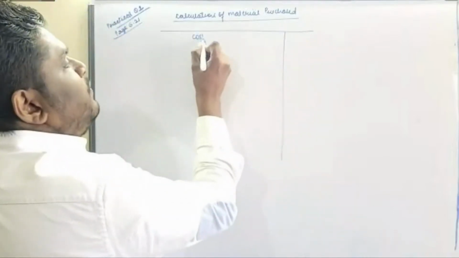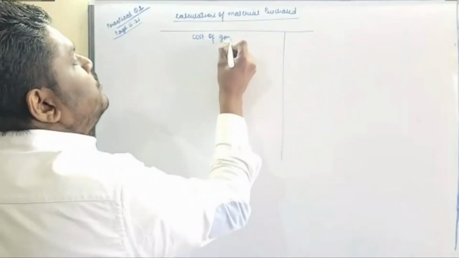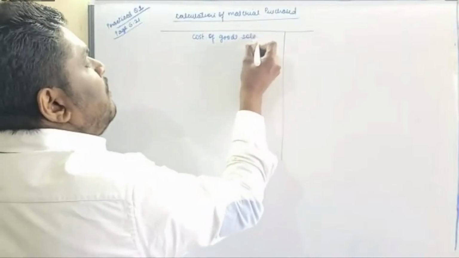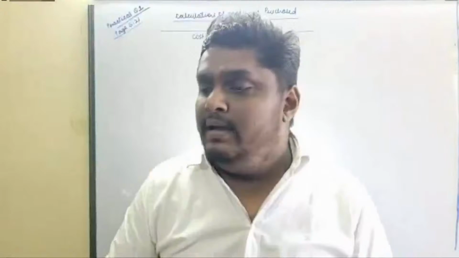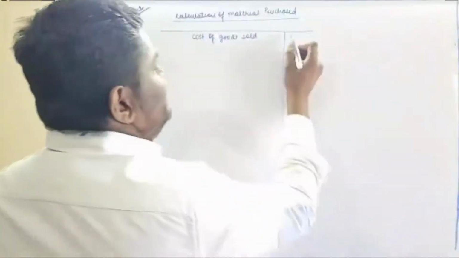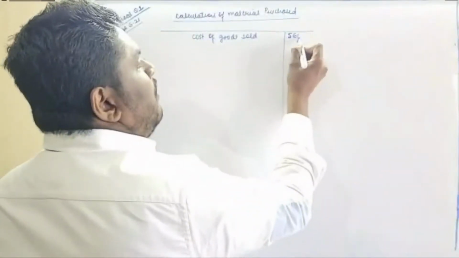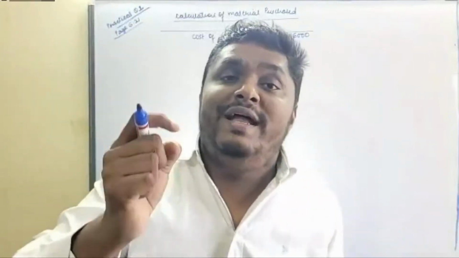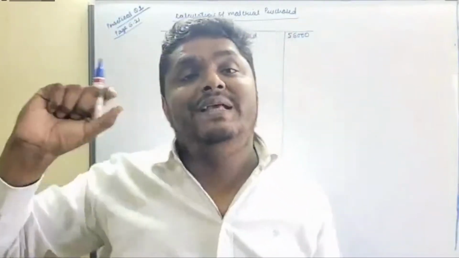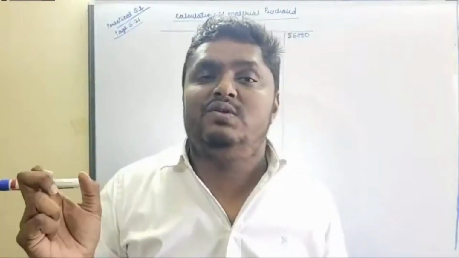Herein we will start from cost of goods sold, since cost of goods sold is given. So from cost of goods sold we have to go in reverse. So herein my cost of goods sold is 56,000. Now, how do we get cost of goods sold? We used to add opening stock of finished goods and subtract closing stock of finished goods.